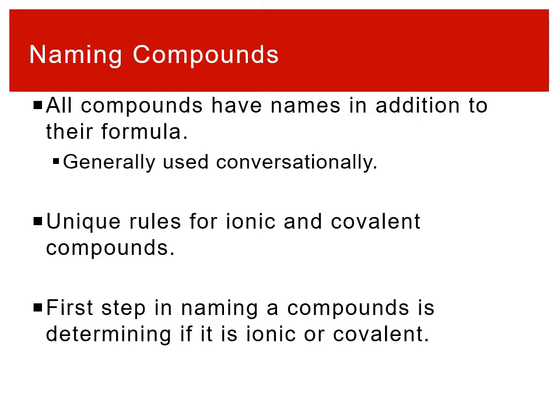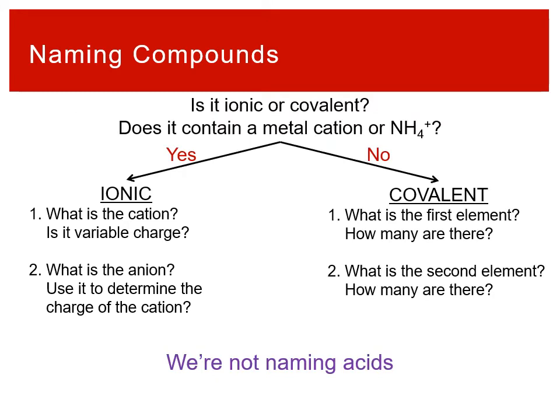Given the divisions we have so far, the first rule in naming a compound is determining whether it's ionic or covalent. When we're looking at formulas, the thing we want to be able to figure out is: is this compound ionic or covalent? With systematic names, there is a system to naming, and this is it.